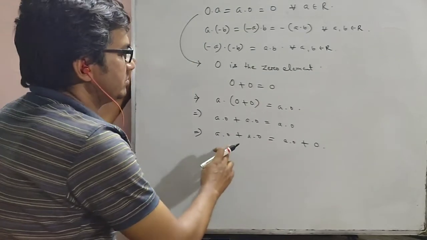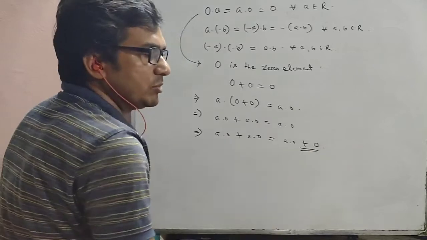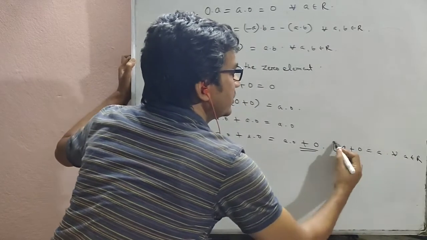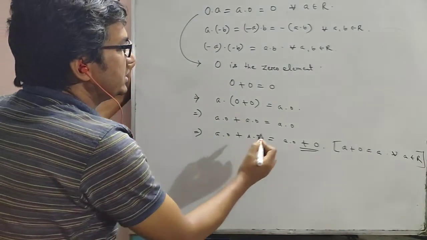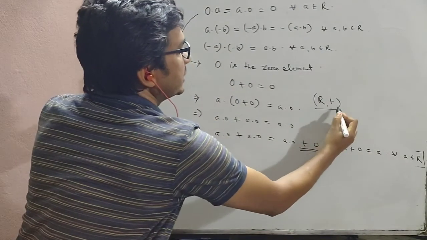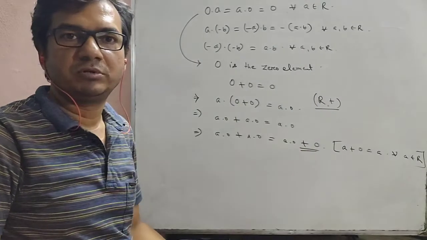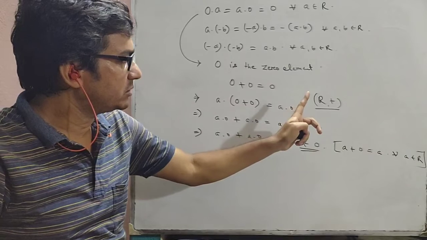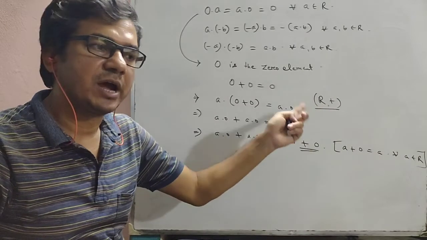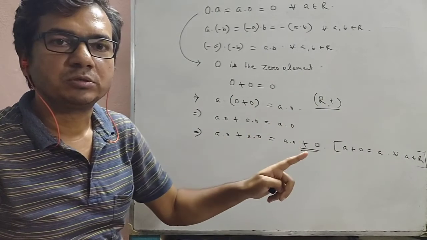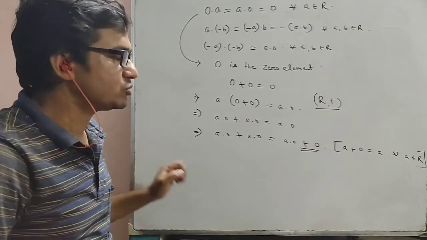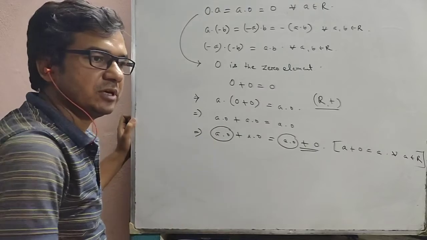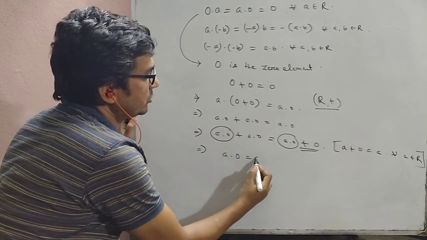Okay, this is the property of 0, because a plus 0 equal to a for all a belongs to R. Now, since (R, plus) is a commutative group, that is the group with respect to plus, the left cancellation and right cancellation laws both hold with respect to plus. So we cancel from the left, and we get a dot 0 equal to 0.